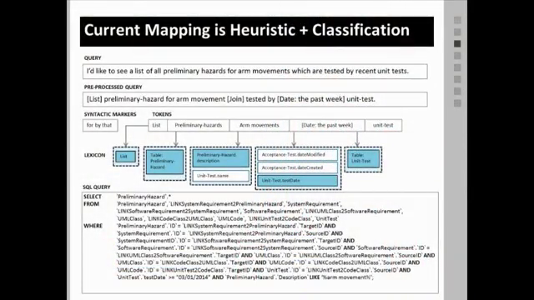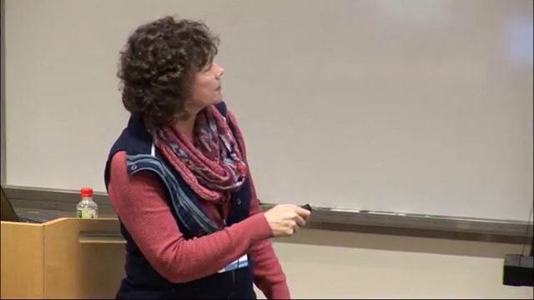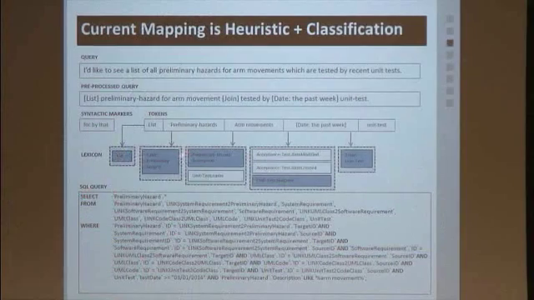So right now, with Tiki, we just take the query. As I've learned, we're using the old-fashioned approach, but we use some kind of heuristics to map. First of all, we pre-process, we tokenize, we map onto the different artifacts. So currently we use a heuristic approach to do this.